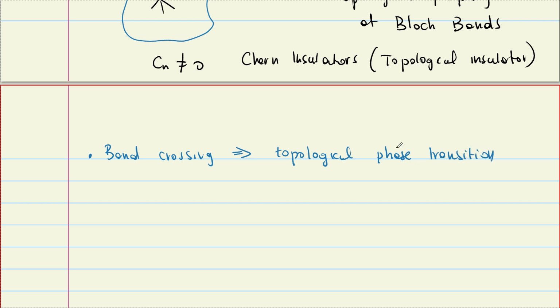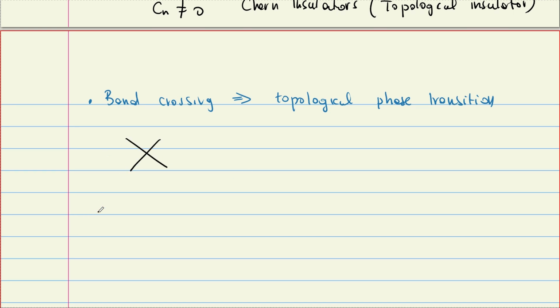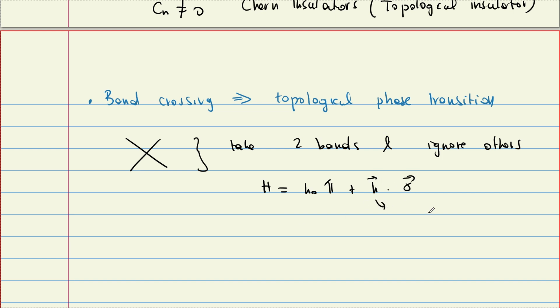So the idea is, if there is a band crossing like something like this, you can just take two bands and ignore others. In that case, the most general 2 by 2 Hamiltonian can always be written like H0 times some unit matrix, plus some H dot sigma. And if we are in 2D, this H is going to depend on Kx and Ky. So this thing is trivial, right? You can shift energies up and down, drop this. It's like an overall shift, it doesn't matter.